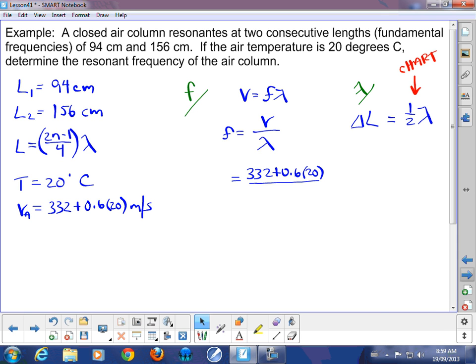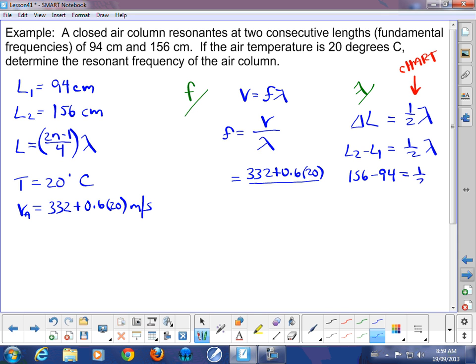Here's another formula you probably want to add to your cheat sheet or study sheet. L2 minus L1 is half lambda. Now I have all the information I need. 156 take away 94 is 1/2 lambda. Doing the calculation, 0.62 meters is equal to half lambda. Multiply both sides by 2, and I find that lambda is 1.24 meters.